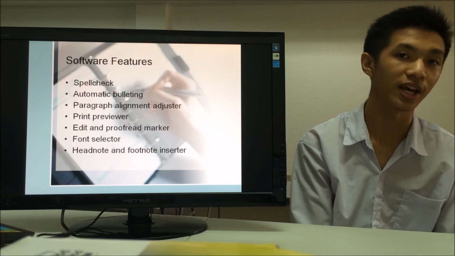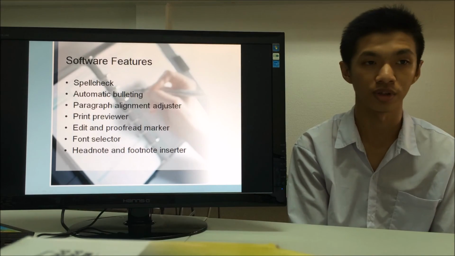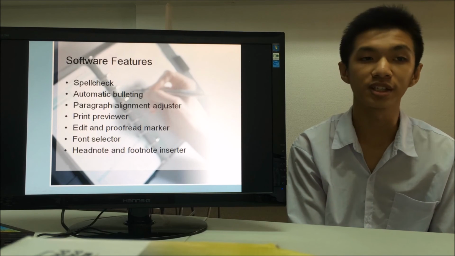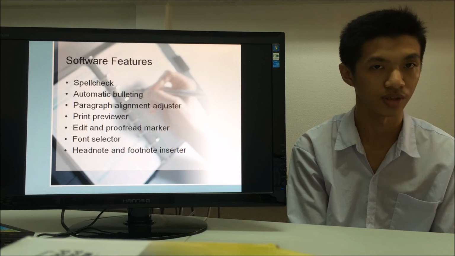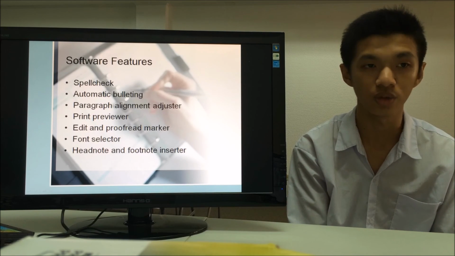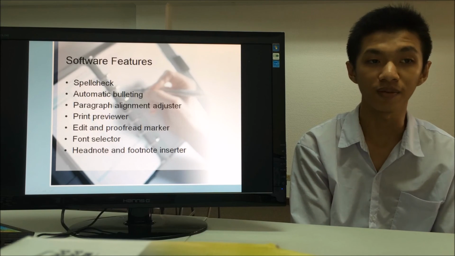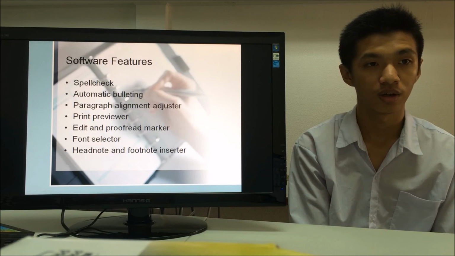For example, spell check removes any spelling errors other than authentic words from your message. We have automatic bulleting. For example, if you need to list more points in your message, you can add the bulleting feature to emphasize the main points that you will include in your paragraph.